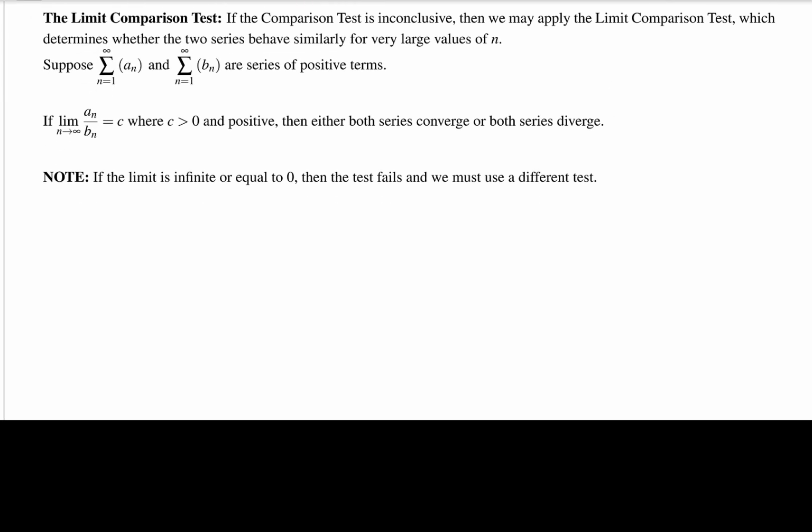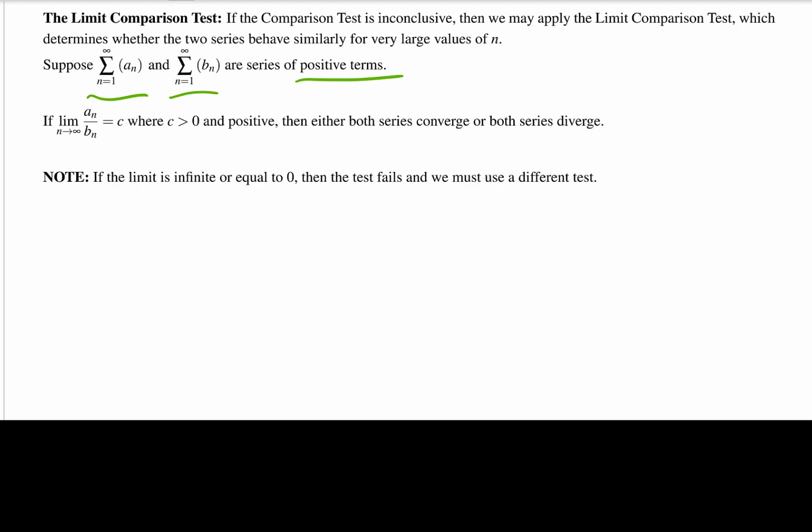So whenever the comparison test is inconclusive, whenever we say it may not work, that's when we apply this limit comparison test. What it does is determine whether the two series behave similarly for very large values of n. So again, we suppose that both of these are series of positive terms.